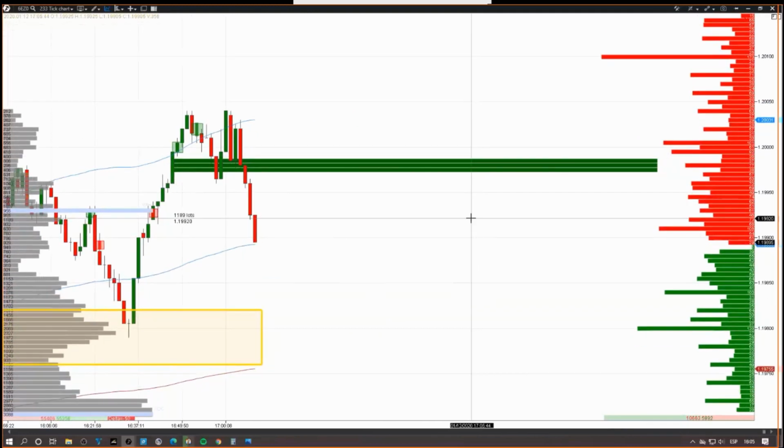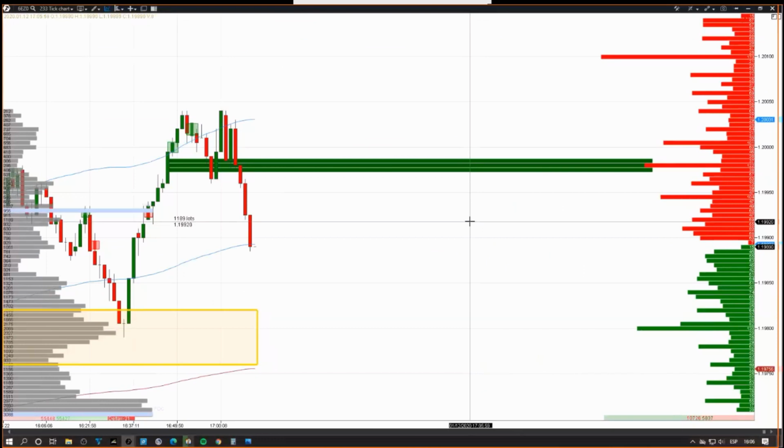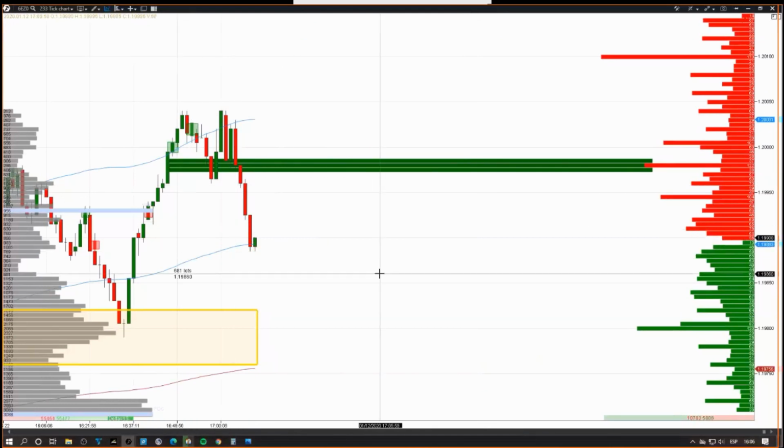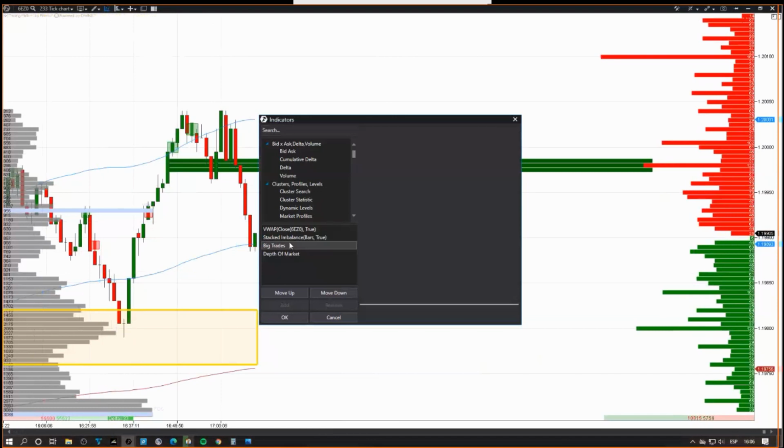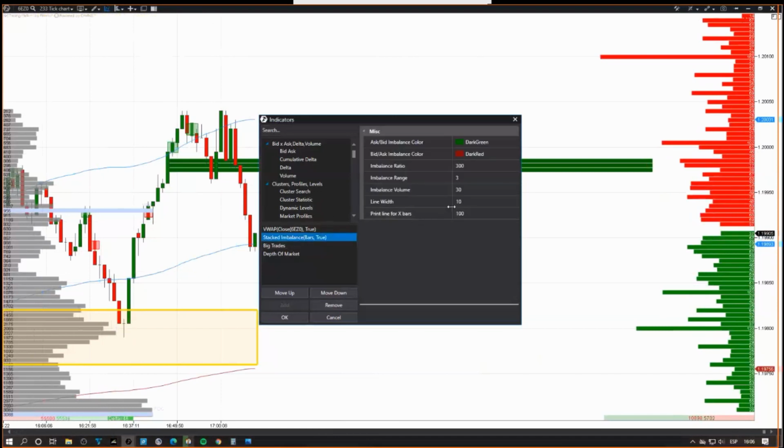And remember, the time of the day is also important because we have to be familiar with what is a big trade and what is not in order to have a more precise indicator. In this case, we have an imbalance of 3 range.